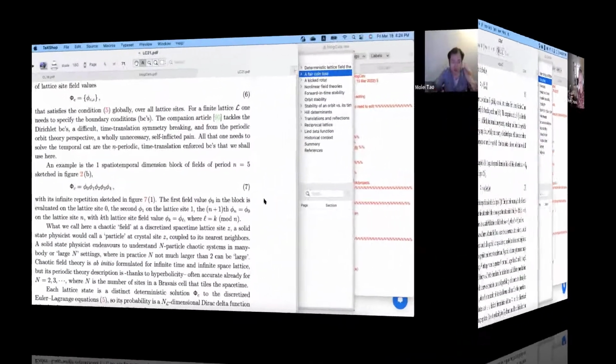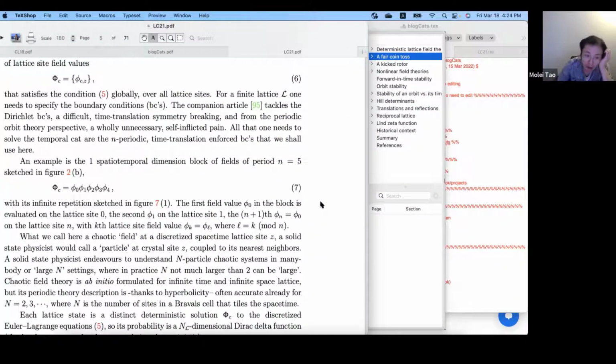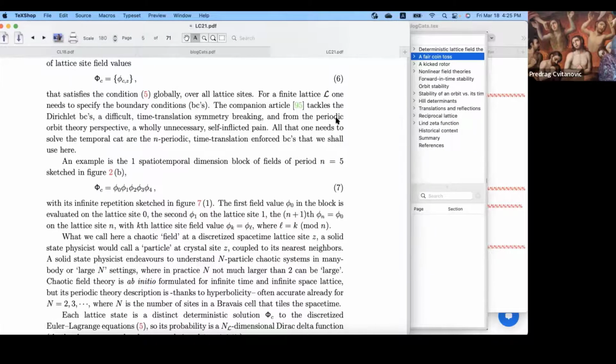So therefore, the small phi is not a mapping from the lattice to the space of states, but it's only defined on a site. Is that right? Think of this state in equation number 7.